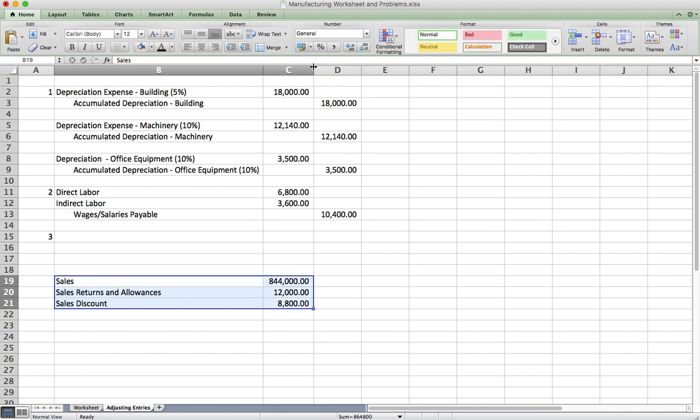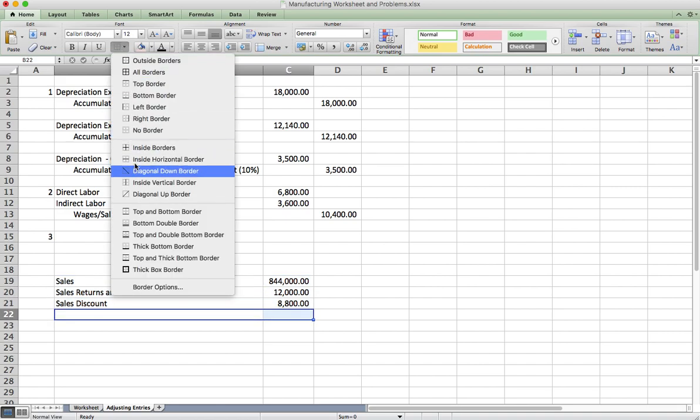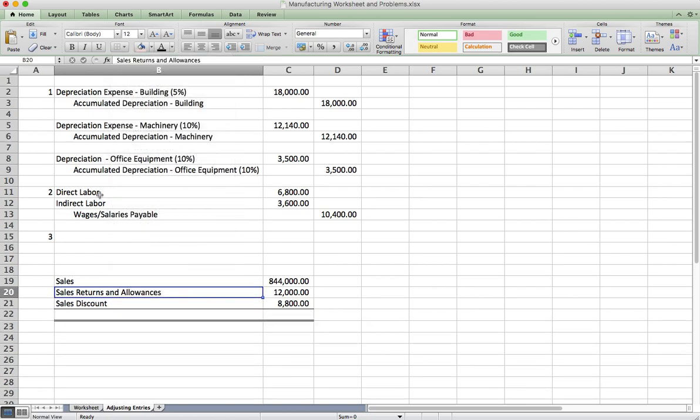Sales, 844,000. Sales returns and allowances, 12,000. Sales discount, 8,800. Now, how do you get your net sales? Your net sales is sales less sales returns and allowances and less sales discount.